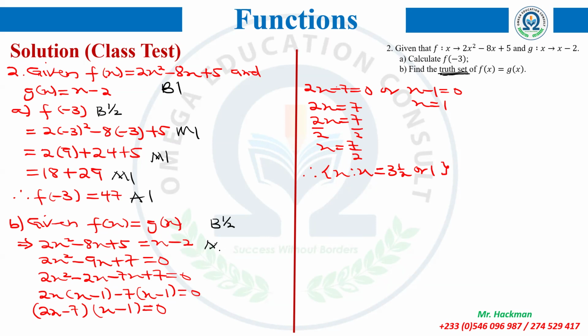So your M1, this will give me M1. Where I continue with my factorization, M1. I set each of the factors to 0, M1. With this one, come and solve. This side will give me M1. This side will give me M half. So it means in effect I have 1.5. Then this will give me a 2. Let me sum and see whether I will get it. If not, then I will add some of the marks.